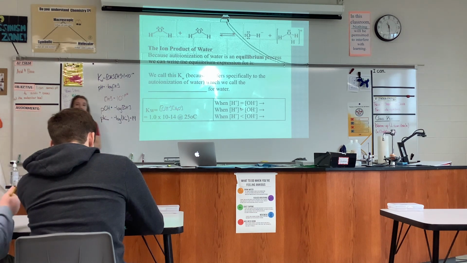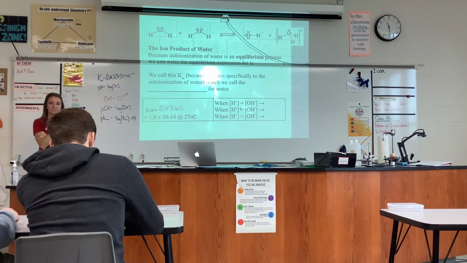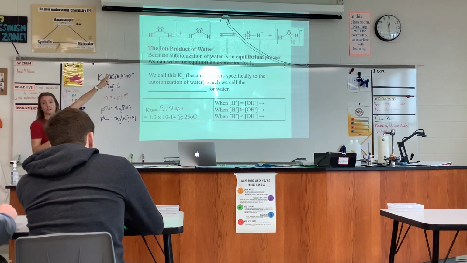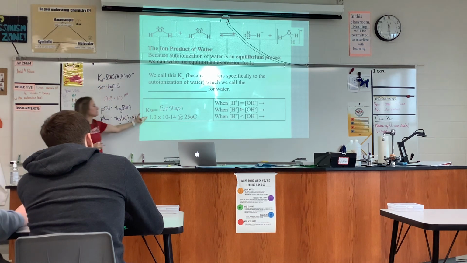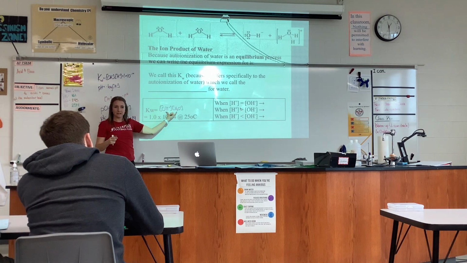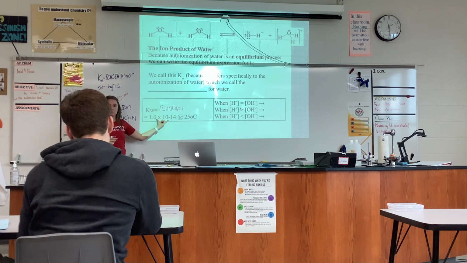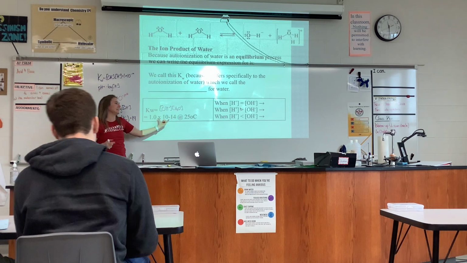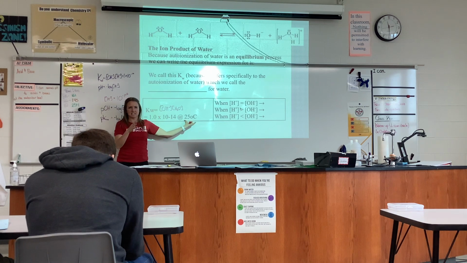Now, what do we not include in equilibrium expressions? Solids and liquids, so we don't include the reactant. So Kw just equals this relationship of hydroxide to hydronium, and it always equals 1 times 10 to the negative 14 at 25 degrees, because once again, K's are temperature dependent.